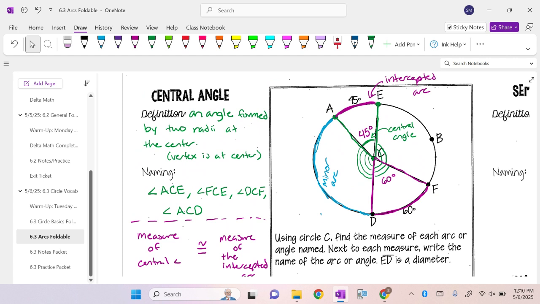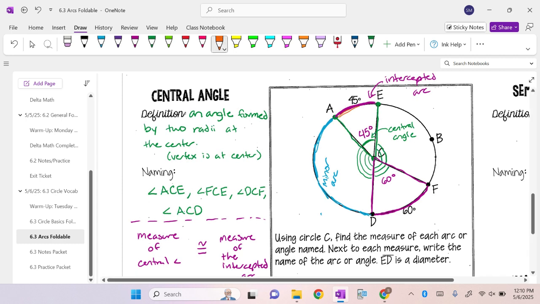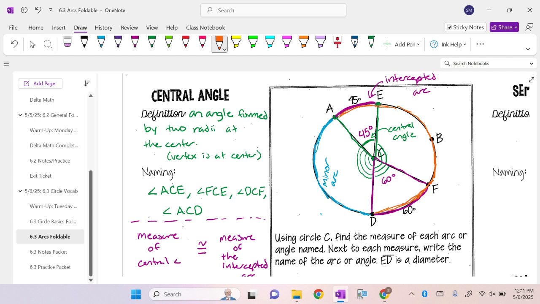However, isn't that the longer path to go from A to D? Yes. So while this is its minor arc, this pathway would be its major arc, meaning that it's the longer distance from A to D and it's greater than half the circle. So from A to D on the longer side, this would be its major arc.